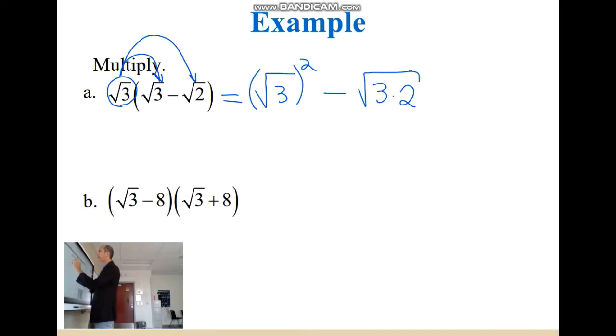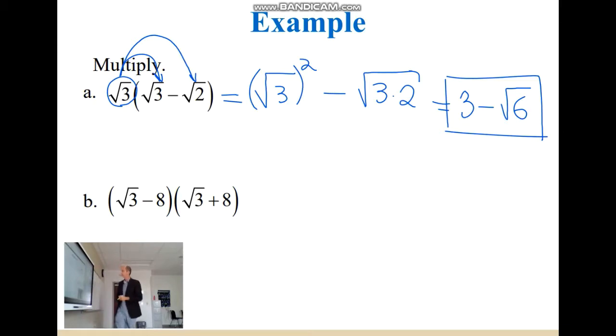Remember this property here: we can put together inside the same radical numbers that have the same index. And this is equal to, the square root of 3 squared is 3, right? And minus square root of 3 times 2 is square root of 6. This is the simplification of that expression.